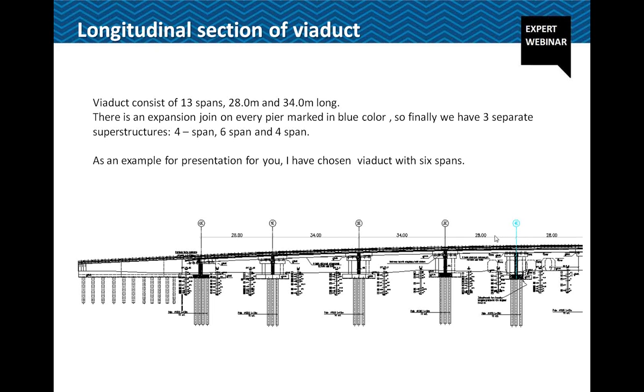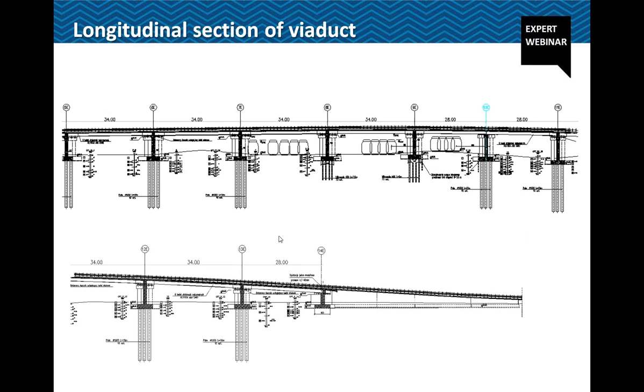One is 4-span superstructure, then we have 6-span, and at the end we have also 4-span superstructure. During today's presentation, I will show you the analysis of this 6-span viaduct.